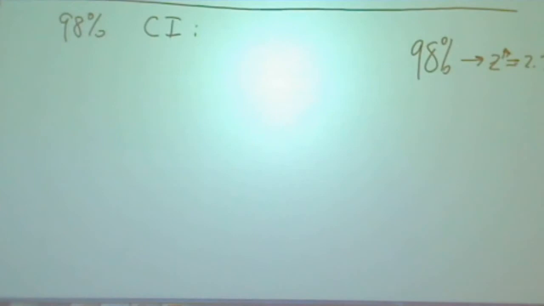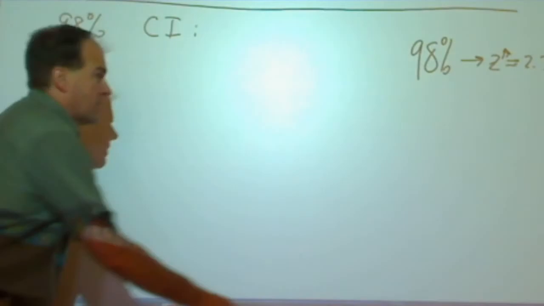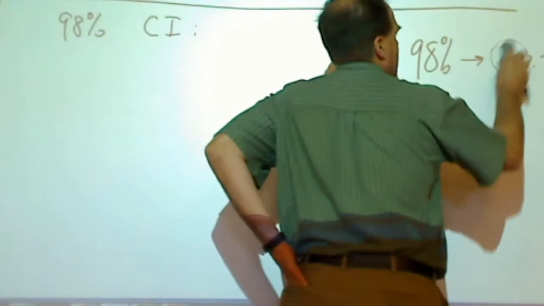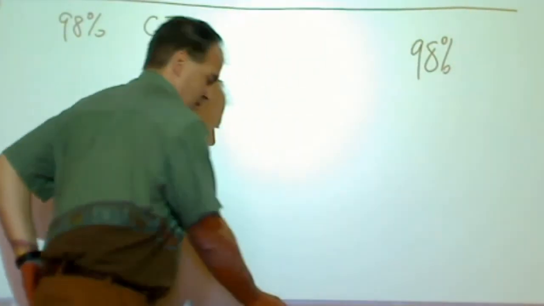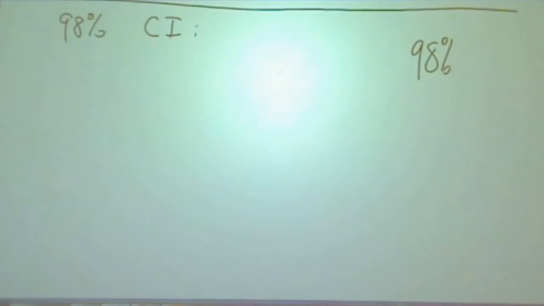Okay, so what do we do here? Actually, this is wrong. Sorry. We're going to need to use the T-table. So what's the formula for confidence interval?